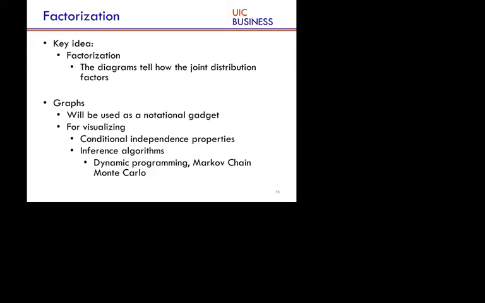So the use of graphs will be to get factorizations. Firstly, they will be used as a notational gadget to denote the joint probability distribution, and mostly for visualizing conditional independence properties, as we will see in the next few slides. Graphs can ultimately also be used for something called inference. A few slides ago I said what inference is: computing expectations, marginals, and conditionals.